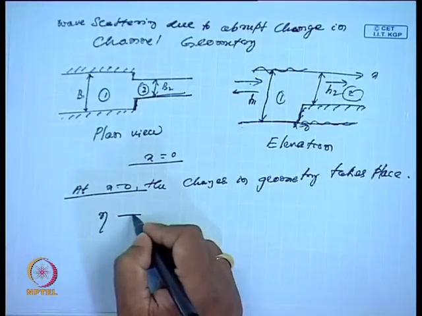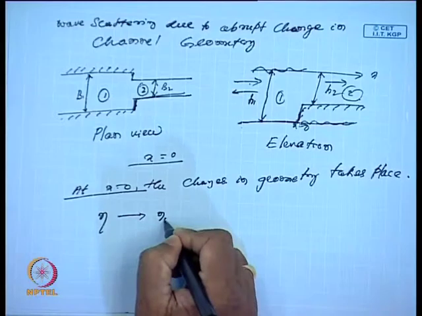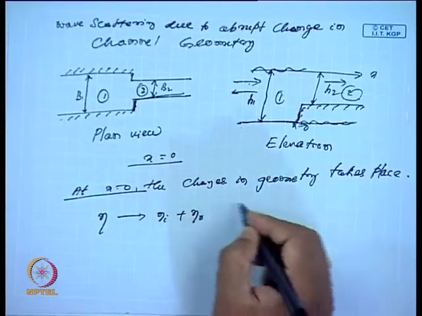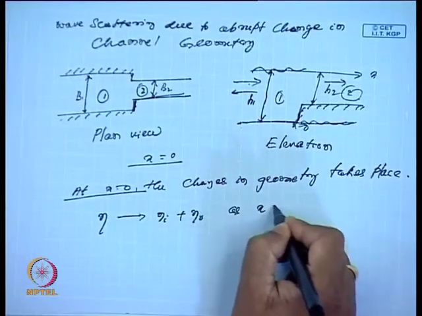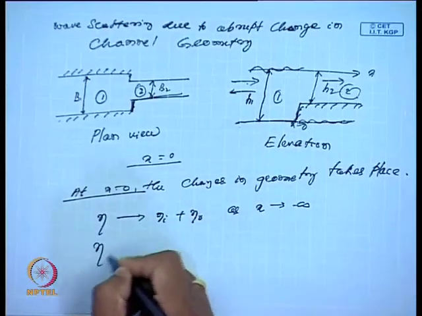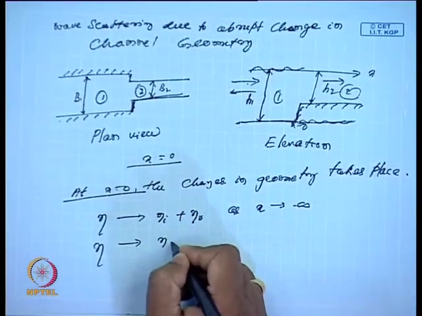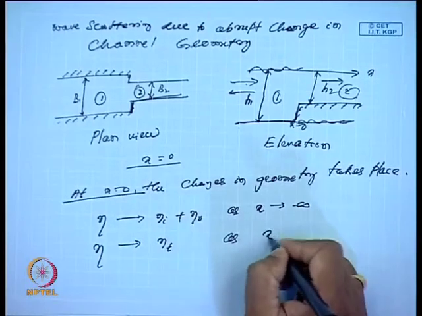This will behave like eta I plus eta r as x tends to minus infinity, and like eta t as x tends to infinity.